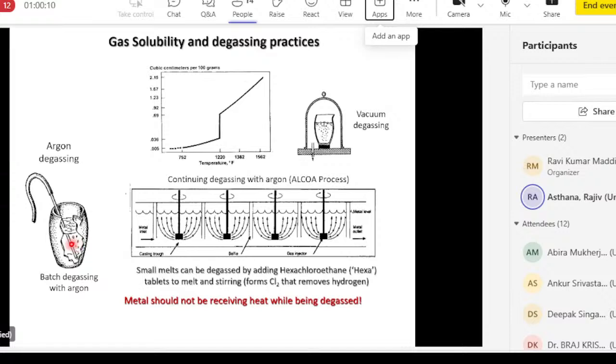So right now, people have given up on chlorine, and argon is the main gas used for degassing. As we see here, in industrial practice, the process called the Alcoa process, Aluminum Company of America, uses a cell, multiple cells, in which aluminum is flowing from one side to the other, and this impeller has very fine pores from which argon gas is released. So as the metal flows in this chamber, it gets degassed.